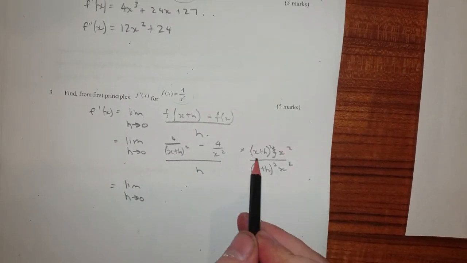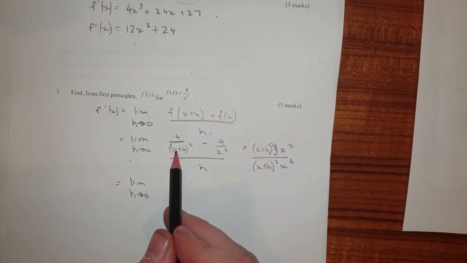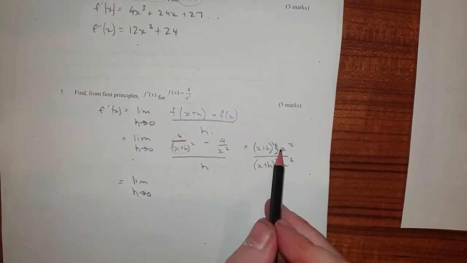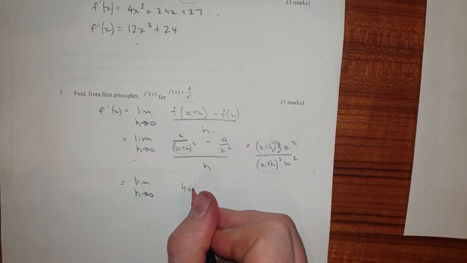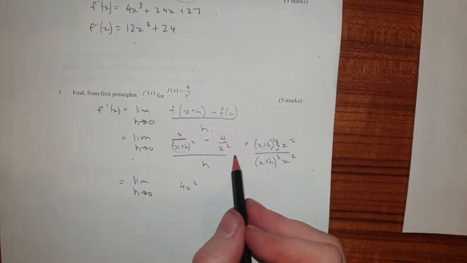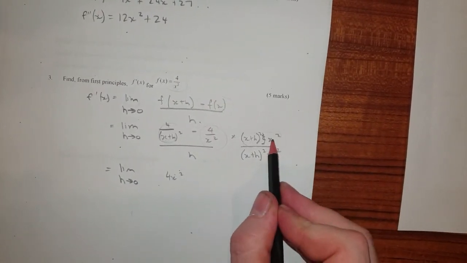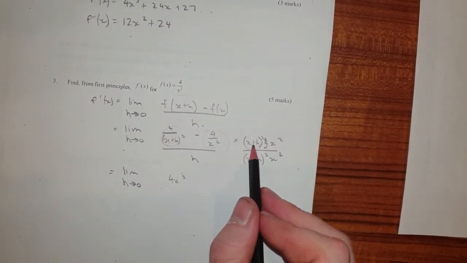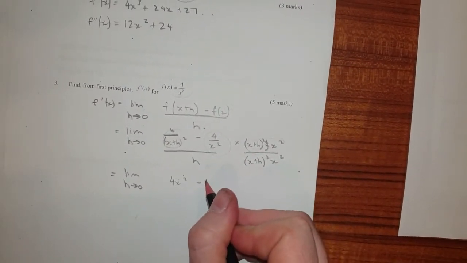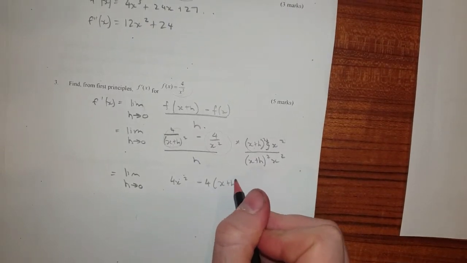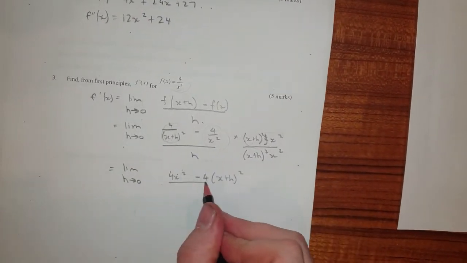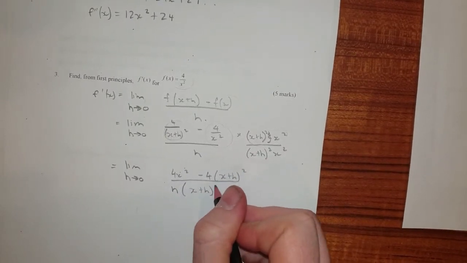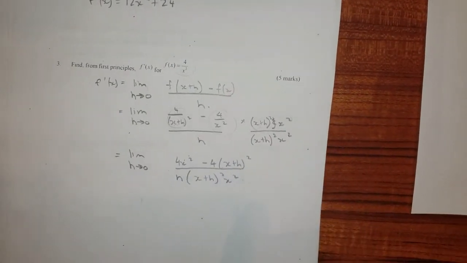When I multiply this by this part of it and this part of it will cancel, and I'll just end up with 4 times x squared. And when I multiply this by this, x squared and this x squared will cancel, and I'll just be left with 4 times x plus h squared. And that will all be over h multiplied by x plus h squared, x squared.